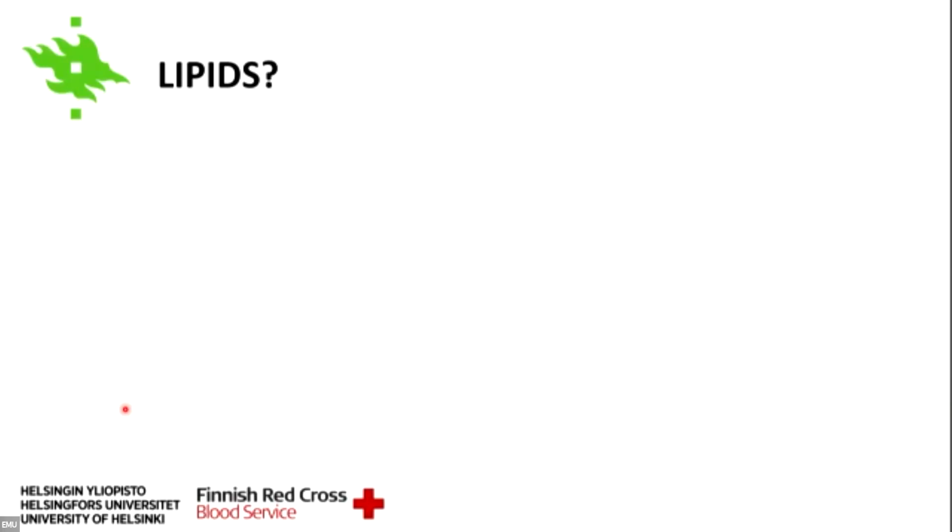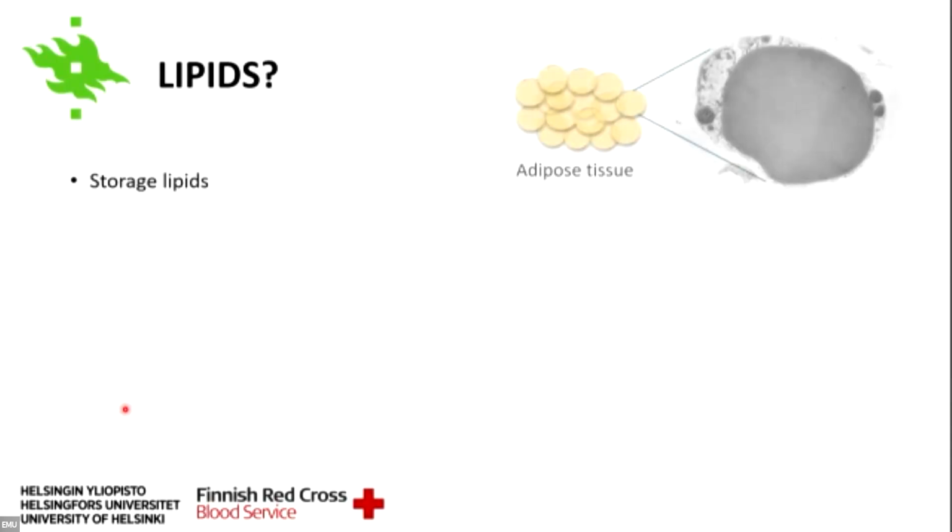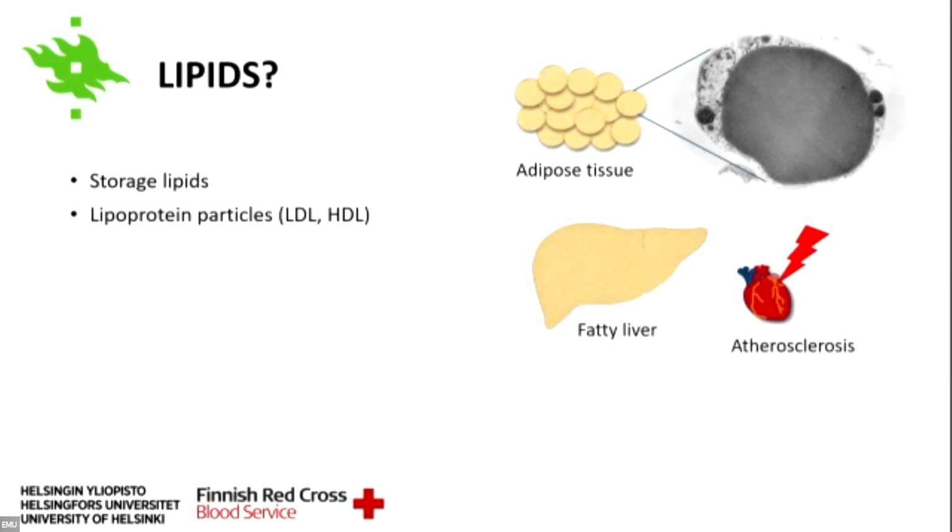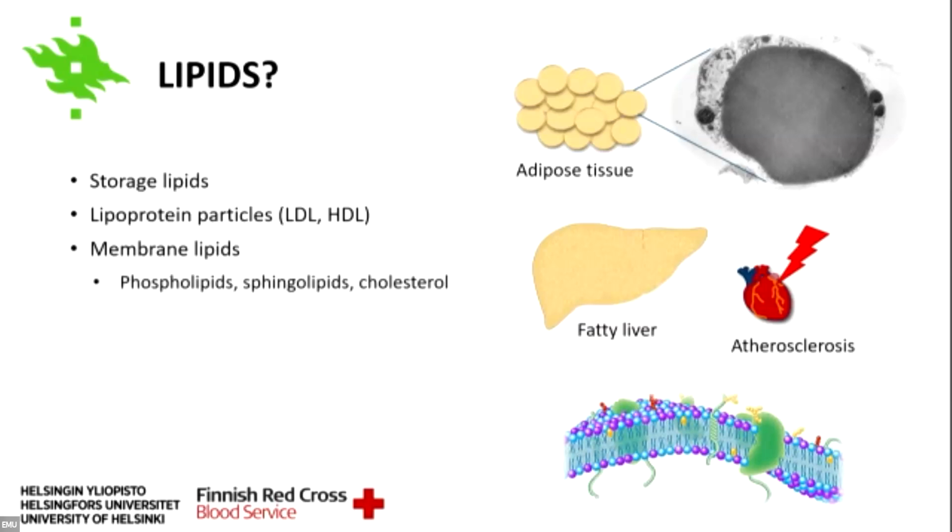Now about lipids. What typically comes to mind when people think about lipids is fat, so adipose tissue, which contains mainly neutral storage lipids. We also think about the lipoprotein particles, LDL and HDL, that go around in circulation and are involved in fatty liver disease and atherosclerosis, for example. And of course, when we think about EVs, the next thing that comes to mind is the membrane lipids.